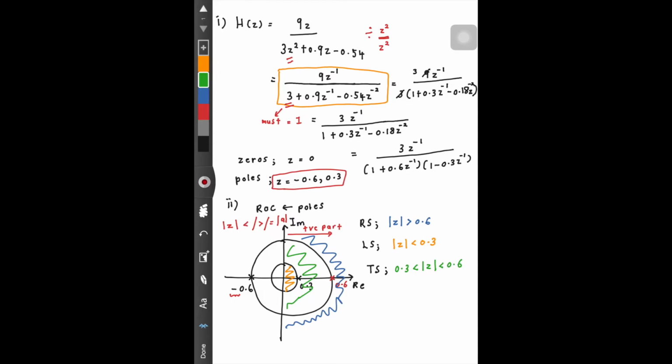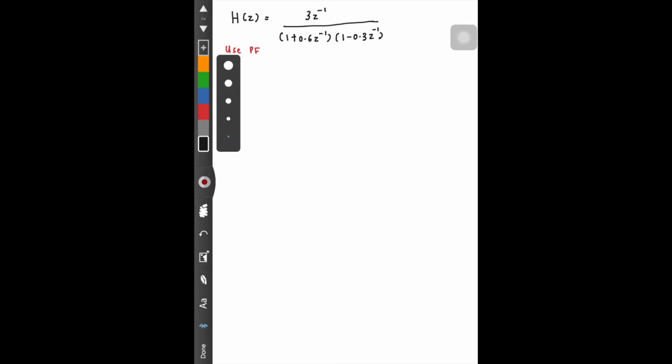Okay, done for ROC. Next, from ROC we can determine your Hn. To determine your Hn, you have your Hz. What you have to do first is use partial fraction.